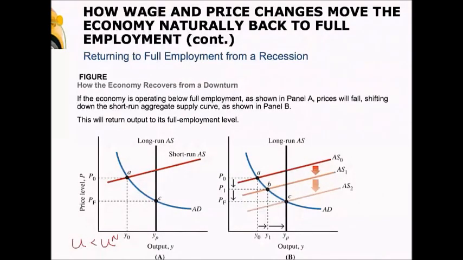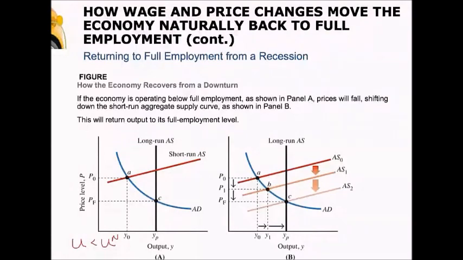going to fall. Now once wages and prices start to fall, we're no longer in the short run anymore, and when wages fall, the short run aggregate supply curve starts to shift. Labor gets cheaper, and so the cost of production goes down, so the short run aggregate supply curve shifts down. And so you can see, anytime output is below potential output, the short run aggregate supply curve eventually starts to shift down.